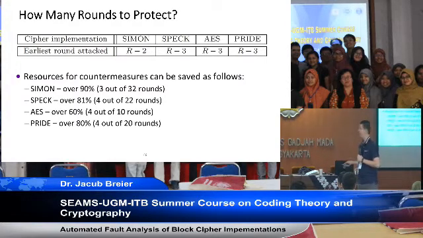So we only need to duplicate the last 3 or 4 rounds. Similarly, for the other ciphers, it can really save a significant amount of resources. So we are saving either the time for the transaction, or we are saving the size of the chip, which ultimately leads to reduction of the price.